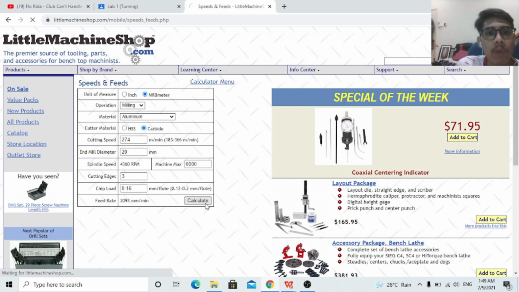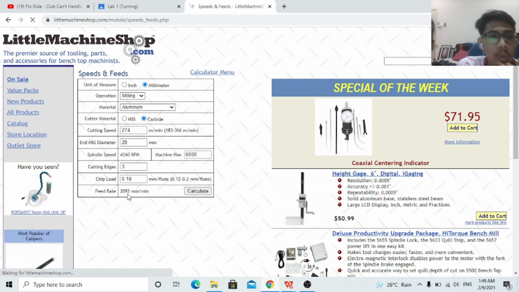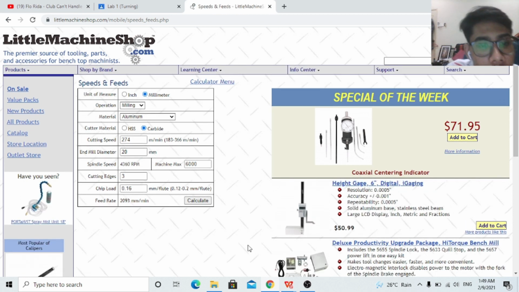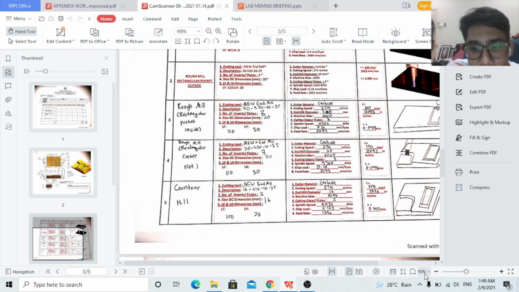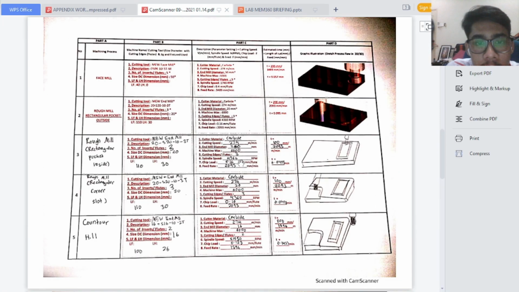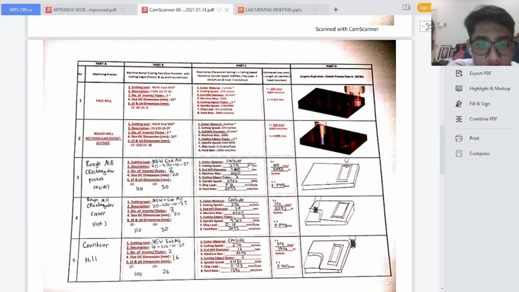When we calculate, we will get 2093 millimeters per minute. That is how to determine the feed rate of the project. Next is to estimate the time.